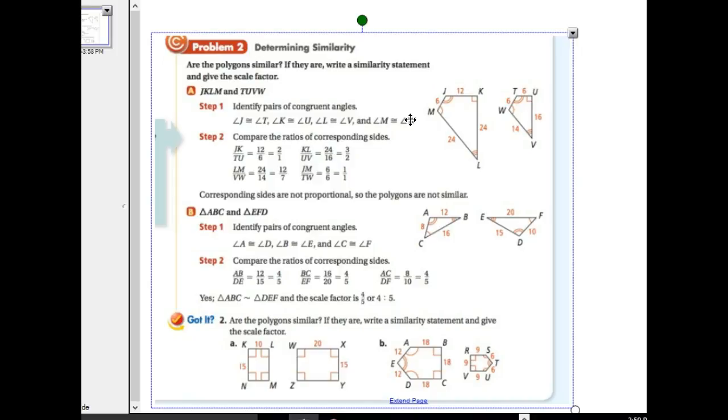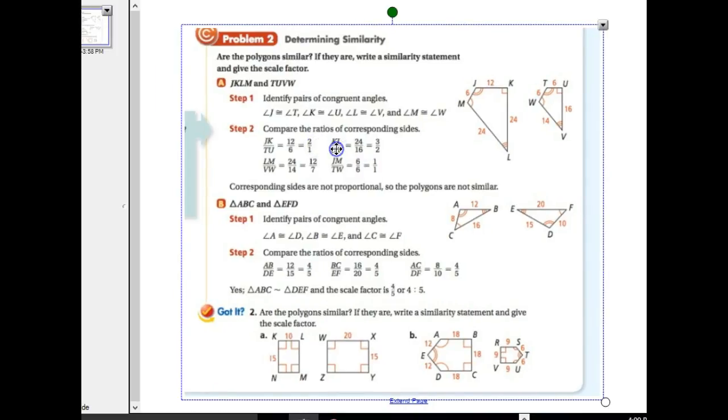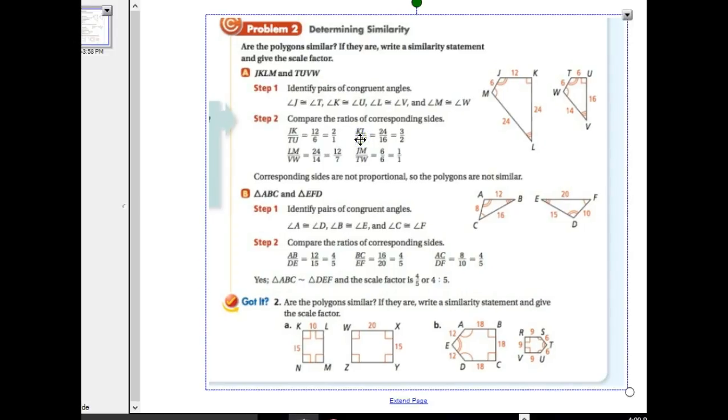we see that JK would have to match up with TU. Well, in the picture, JK was 12 and TU was 6, leaving you simplified with a 2/1 ratio. If we compare KL to UV, in your particular picture, that happens to be 24 to 16, or it reduces to 3/2.